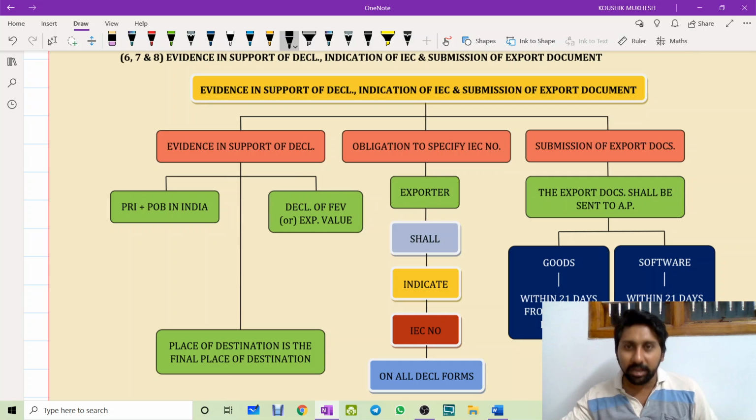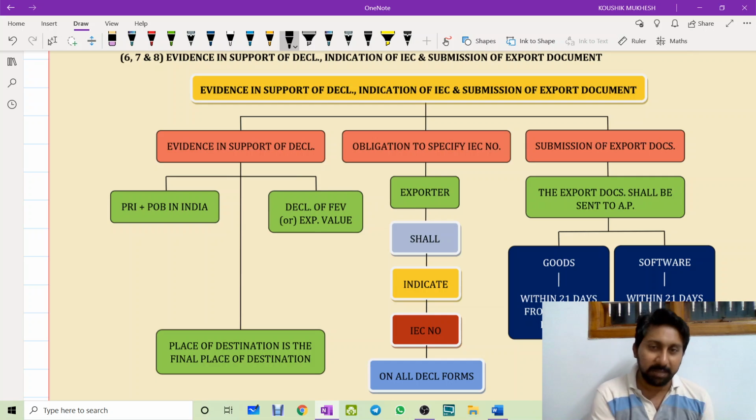Yesterday I got a very good response for the way that concept was taught: permanency and temporariness. Those three areas will have some amount of permanency. If I am going outside India for those three purposes, permanency attaches there. If I come to India for the three purposes, permanency attaches here. So obviously I will become PRI or PROI as the case may be. Yesterday we did illustrations. I think everyone is clear up to here.